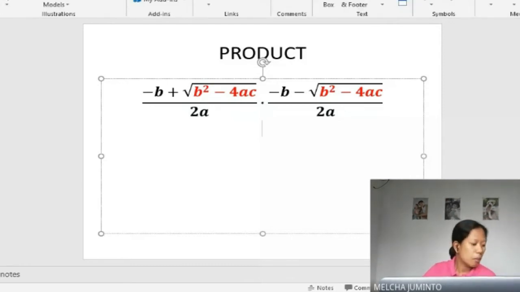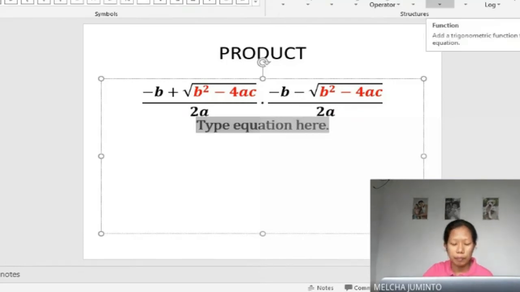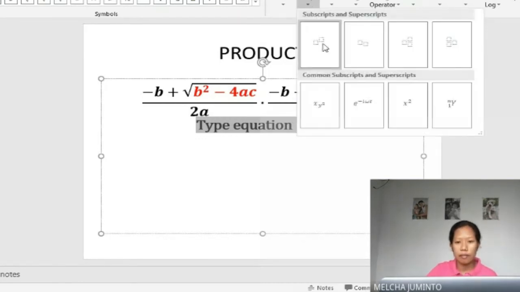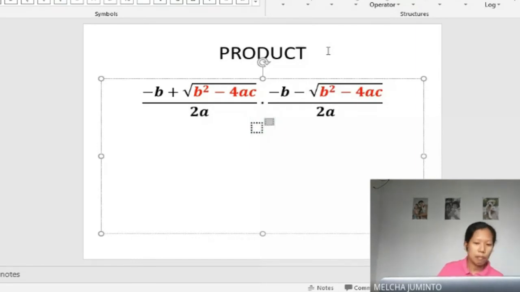If you multiply the numerator times the numerator, negative b times negative b is b squared. Then the outer terms and the inner terms will be 0.